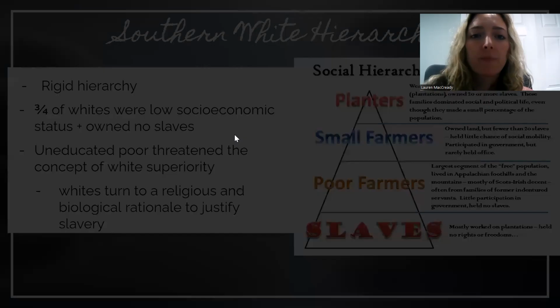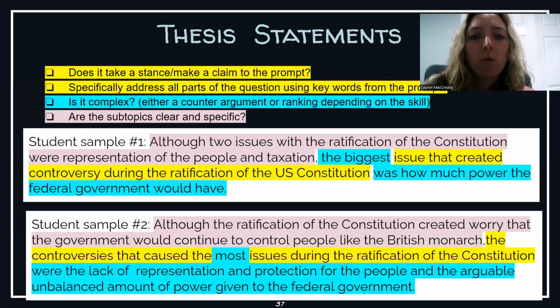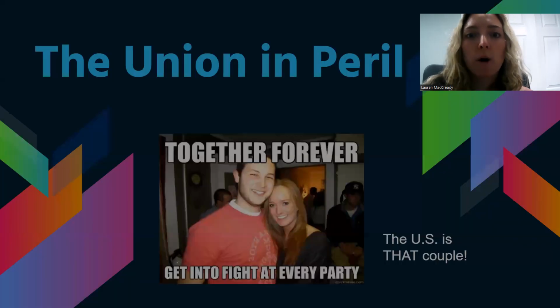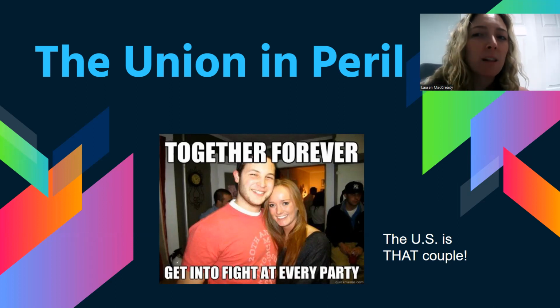Okay, so we're going to pop ahead to the road to the Civil War. I always think this is so funny because I really feel like the North and South are like that couple that fights in front of everyone awkwardly at every party, and you're like, why are they together? And then they somehow make up, and you're like, this isn't going to last long.